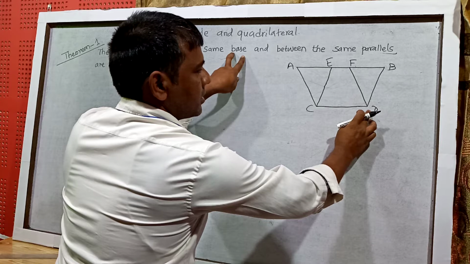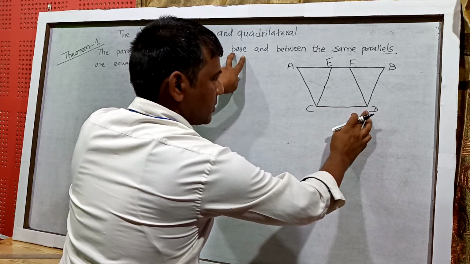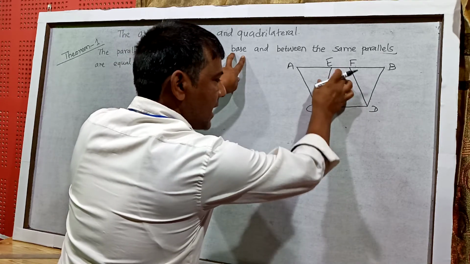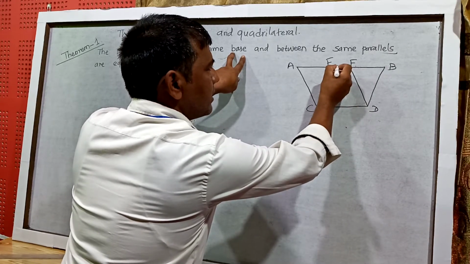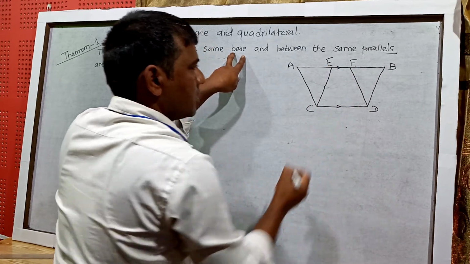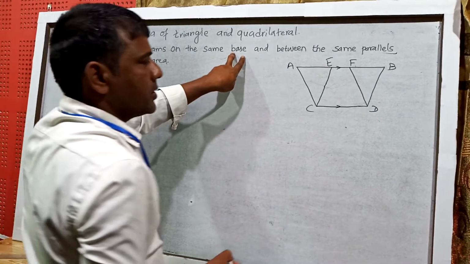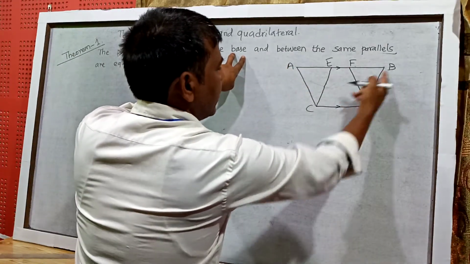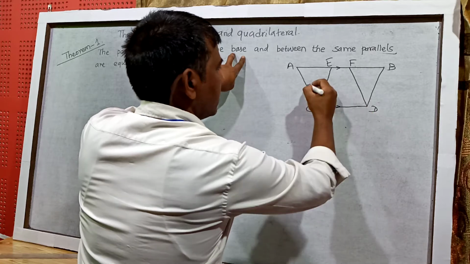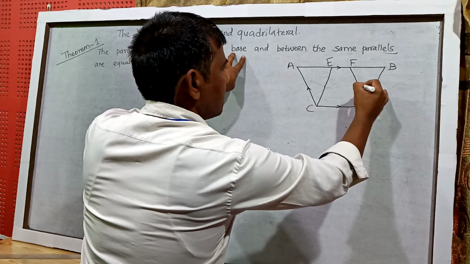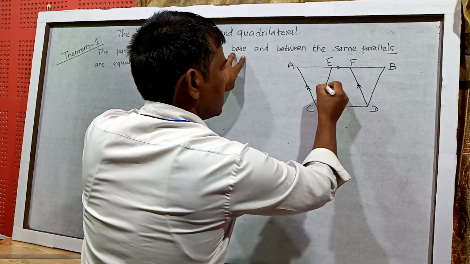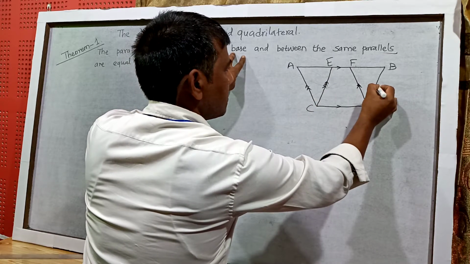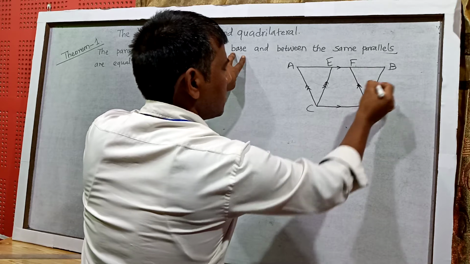Their base is the same. Both parallelograms are standing on the same base CD and between the same parallel lines AB and CD. This parallelogram, and this is another parallelogram.